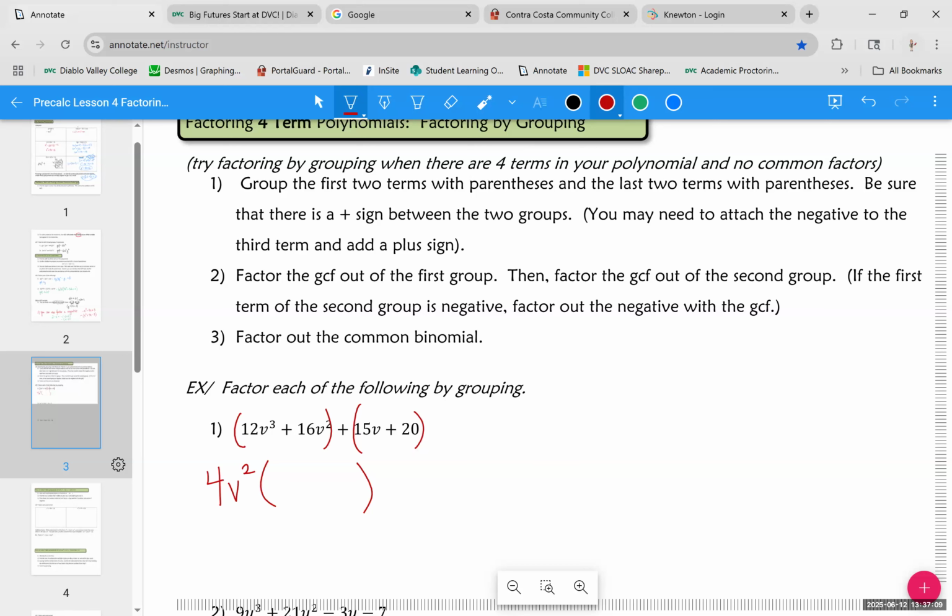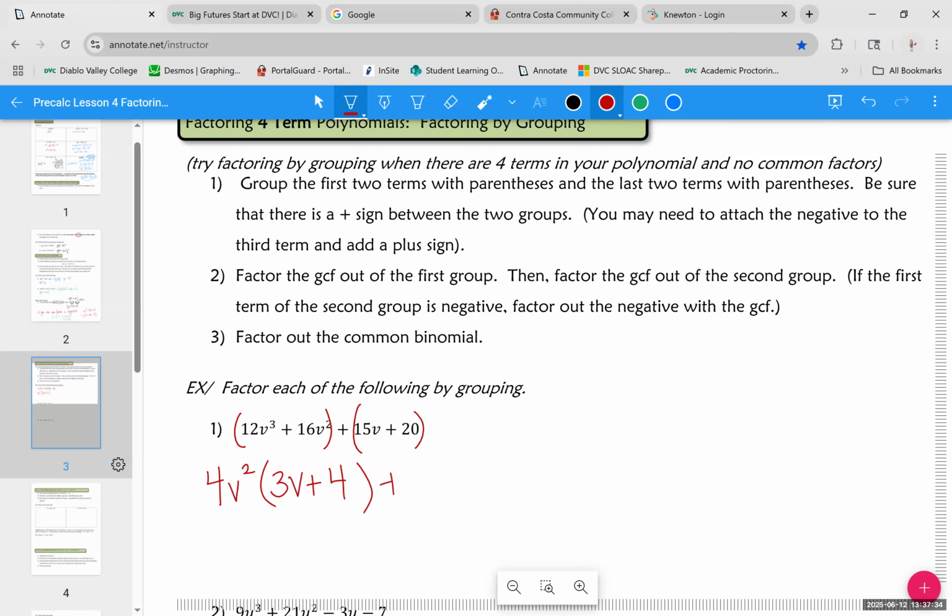So that would be my GCF. And then I need to multiply 4 by 3 to get to 12, and v squared by v to get to v cubed, plus I need to multiply 4 by 4 to get to 16, and v squared by no v's because I've already factored out the v squared entirely. So there's my first group.